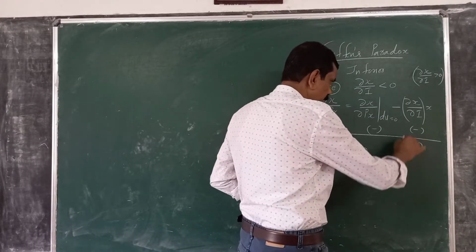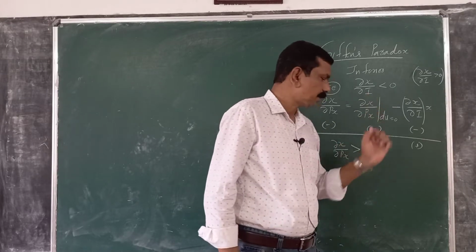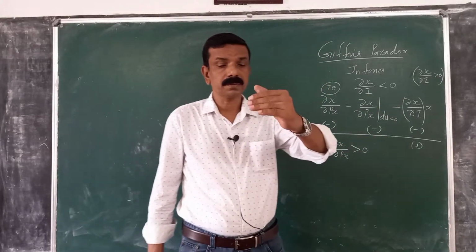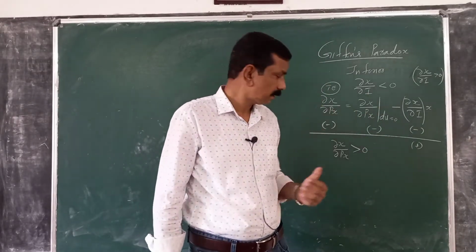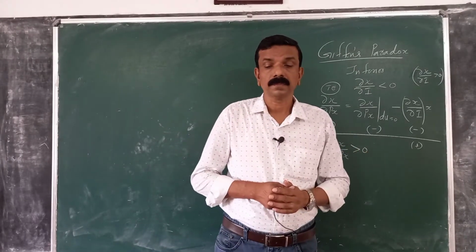If this positive income effect is greater than the negative substitution effect, it will produce the perverse effect that ∂X/∂Px is greater than 0.